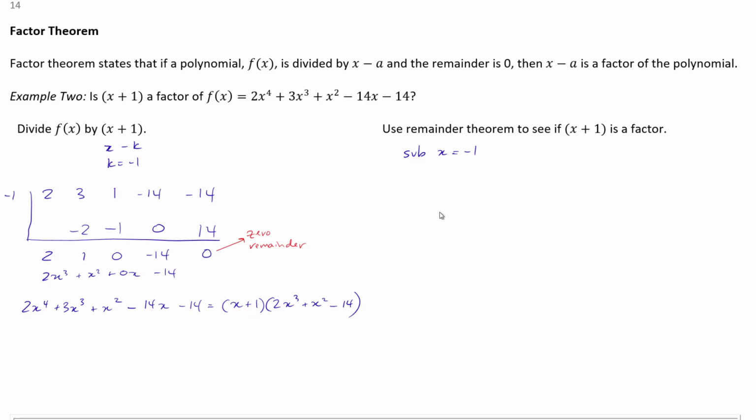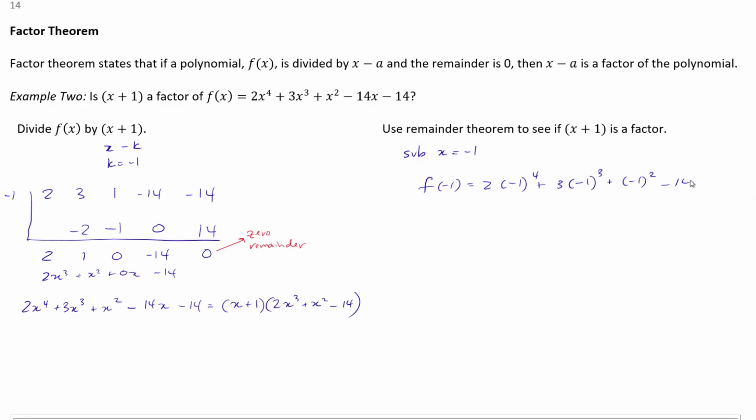So if the question is not asking us to factor it, if it just wants to know whether or not it is a factor, then we can say, all right, let's do f at -1, is equal to 2 at negative 1 to the power 4 plus 3 negative 1 cubed plus negative 1 squared minus 14. Sorry, let me just clean that up a little bit.